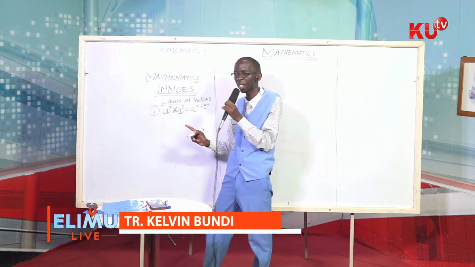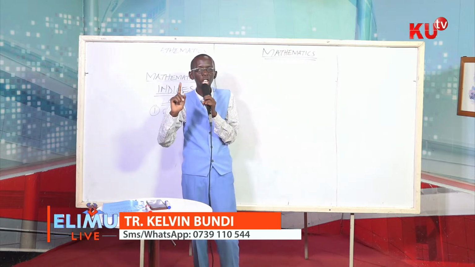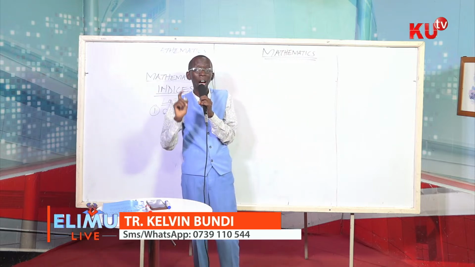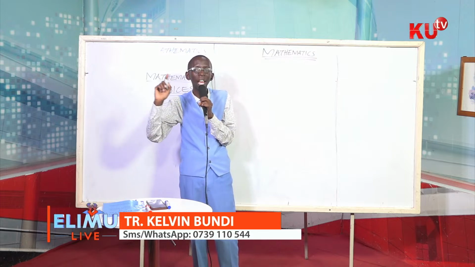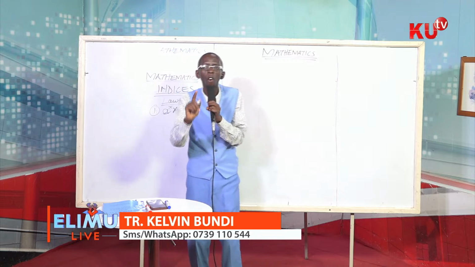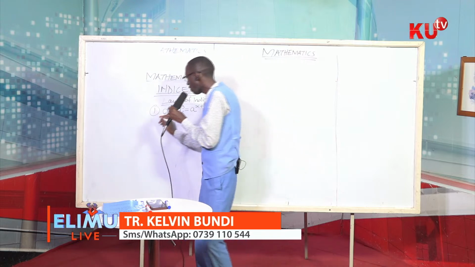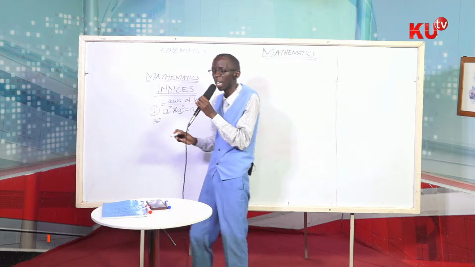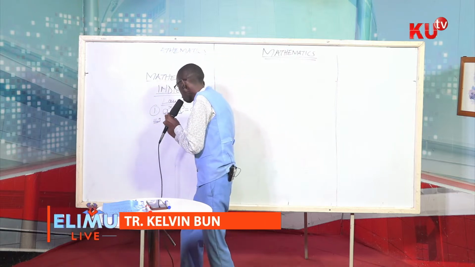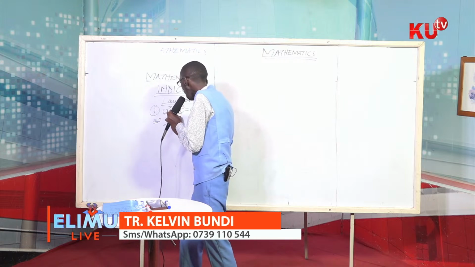We normally say that in indices, if the bases are the same and we have a multiplication sign, we add the powers.